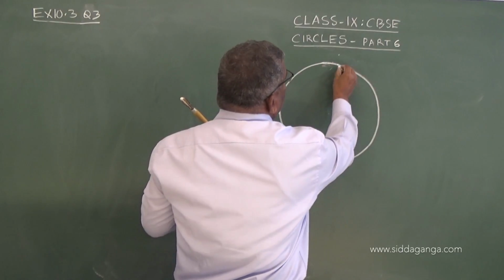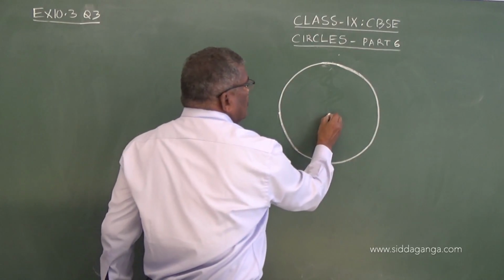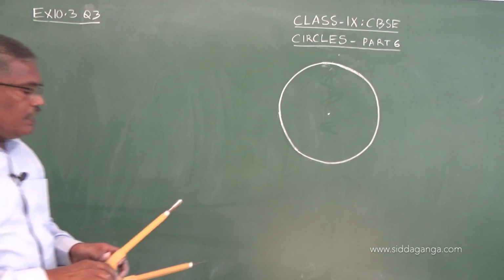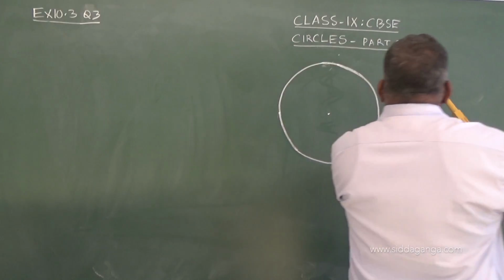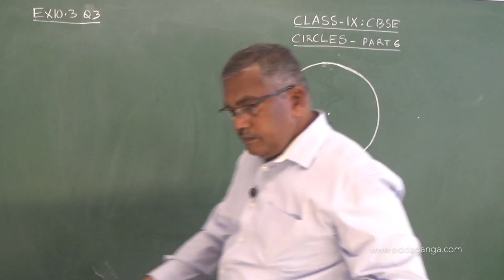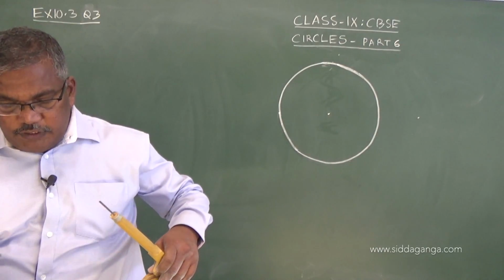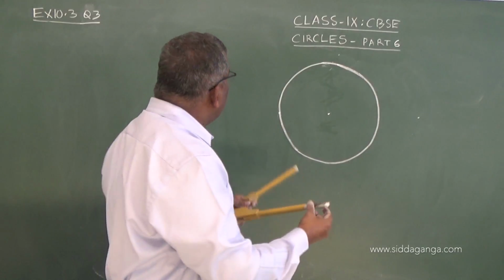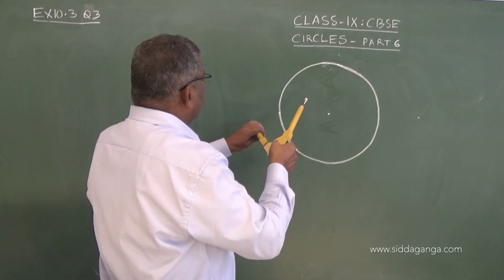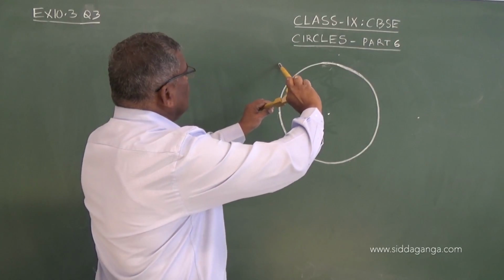So, this is one circle, and as per the problem, there must be another circle which is intersecting this. So, I will draw one more circle. Let us take this as another circle.